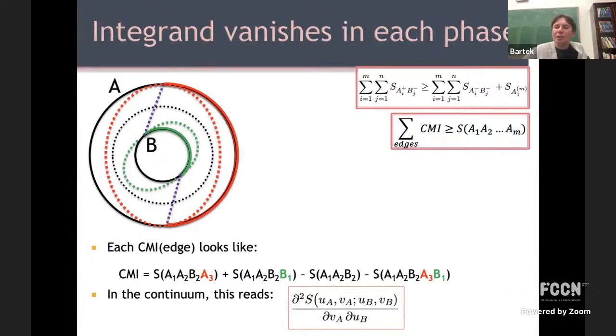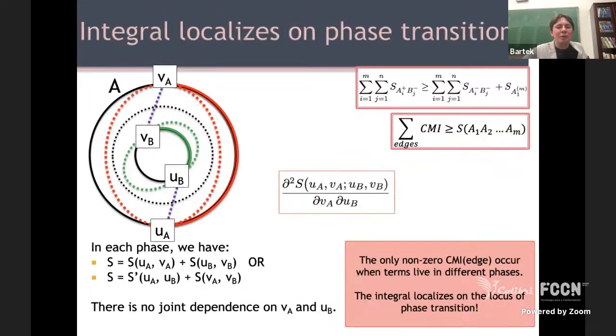And now what I want to tell you is that this quantity vanishes in every phase. We saw a moment ago that various phases are possible, but it vanishes in every possible phase individually. Why is this true? Well, here I labeled for you the endpoints uA, vA, and uB, vB. And depending on which phase we're in, you will notice that the entanglement entropy is like the length of this geodesic plus the length of this geodesic.